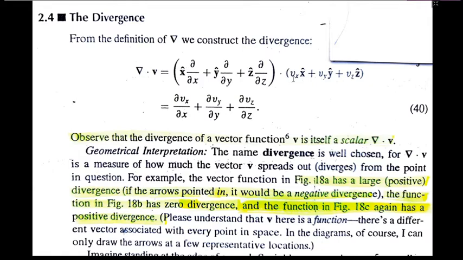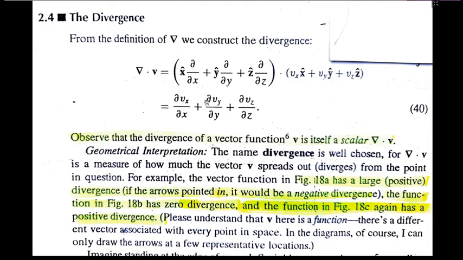This vx x cap plus vy y cap plus vz z cap is making a dot product with this. If the vectors are orthogonal, that means x cap making a dot product with y cap and z cap, it would vanish since they are orthogonal to each other. And for identical vectors, along the same line, x cap dot x cap is equal to unity, and therefore eventually this dot product will give me a scalar outcome.